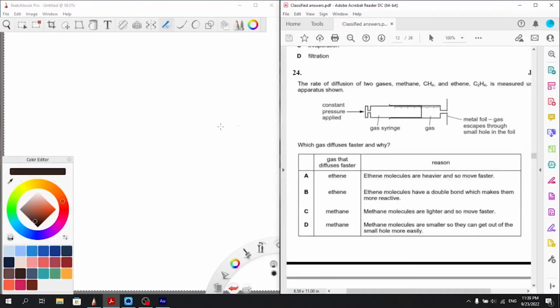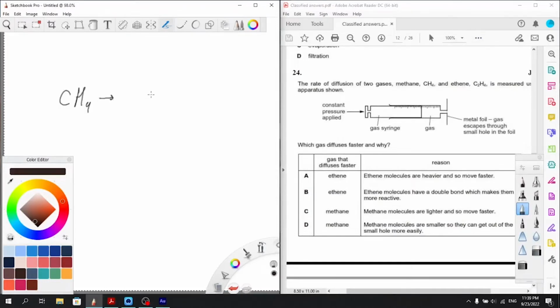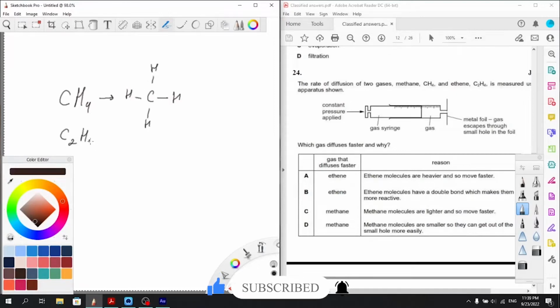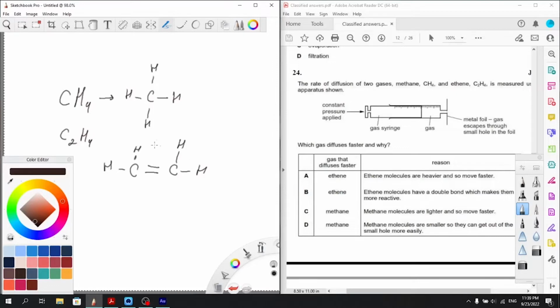Why is it methane? Alright, so we have CH4, which is drawn like that: C attached to 4 hydrogen atoms. And we have ethene, which is C2H4, and it's drawn like that. There's a double bond because carbon is tetravalent, and we have our hydrogen.